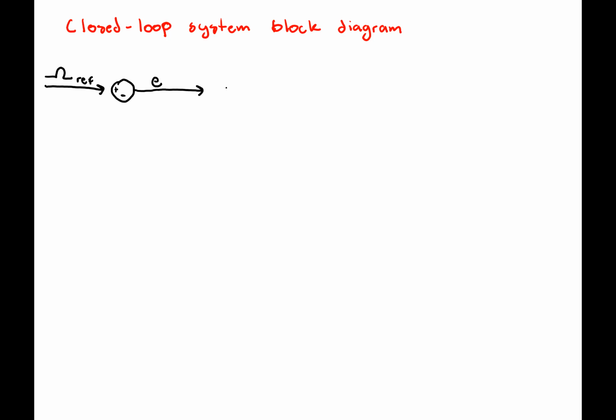And then we have our controller. Now remember the equation for the PID controller, Kp. So remember, we're designing an ideal PID. Keep in mind that we might ask you to design the non-ideal case, but the procedure is very similar to this one.